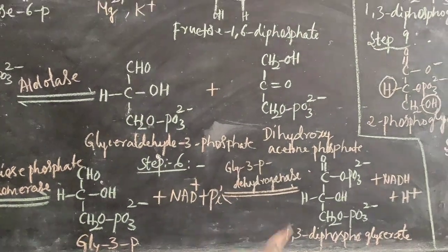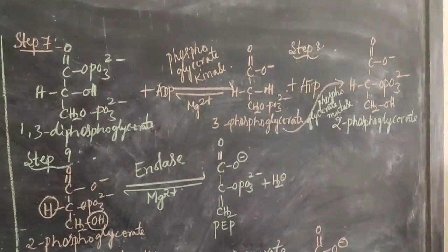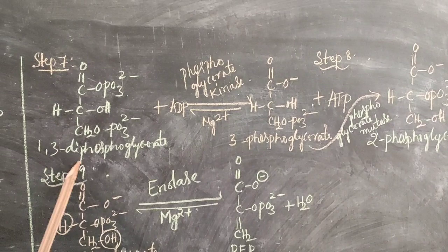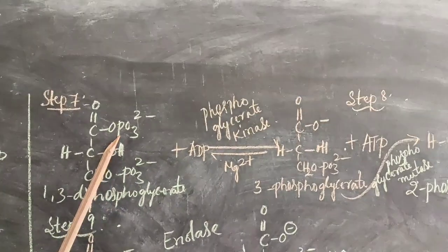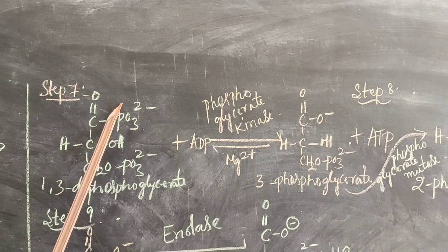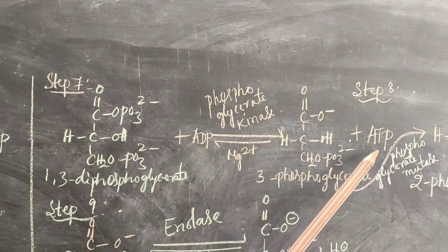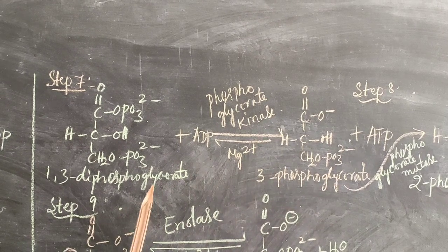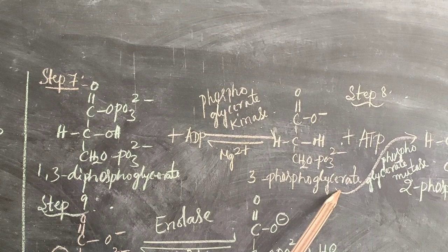In the next step of glycolysis, step number 7, another important step, 1,3-diphosphoglycerate loses one phosphate group, and this phosphate group is transferred to ADP to form ATP, and 1,3-diphosphoglycerate is converted to 3-phosphoglycerate.